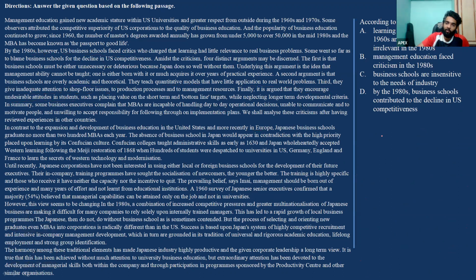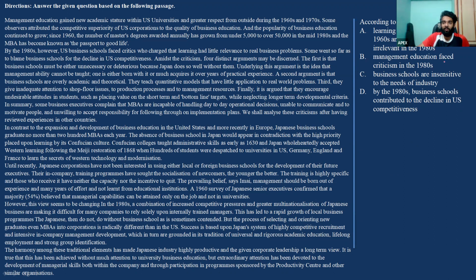This passage, which started from 13 to 16 questions, has, wow, very nice, 4 easy questions. So that'll be really nice if we can crack all these 4 very easily. So according to the passage, learning which was useful in the 1960s and 70s became irrelevant. No one said that those learnings became irrelevant. They said that the methods in which they were being taught were bad.